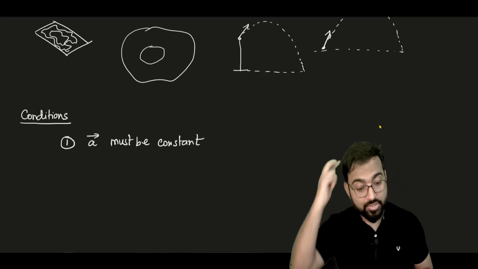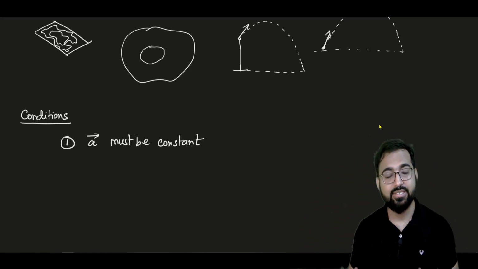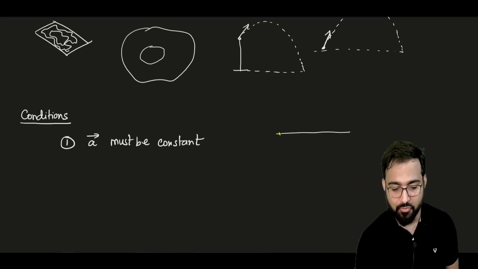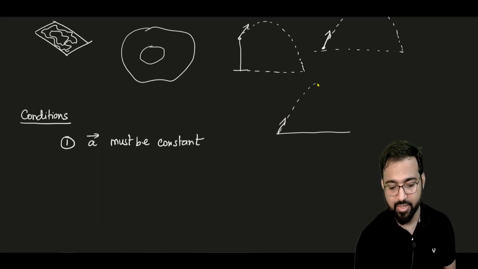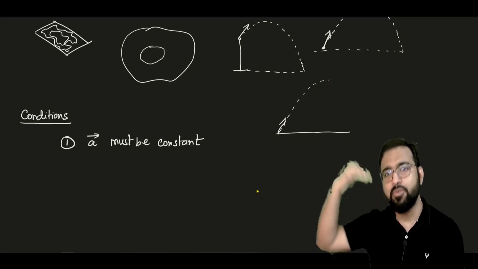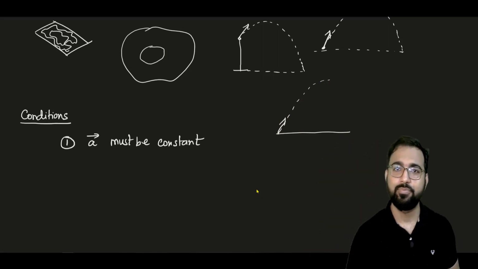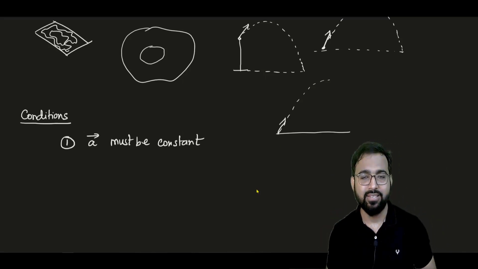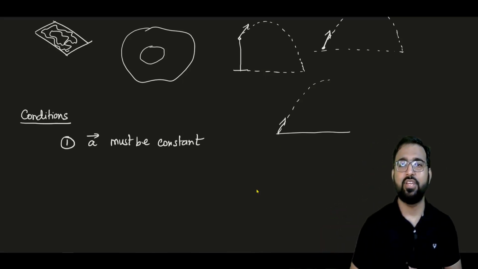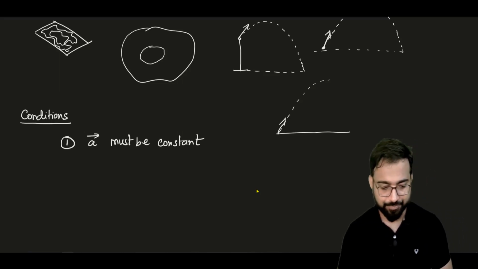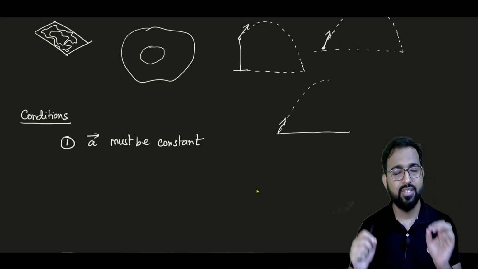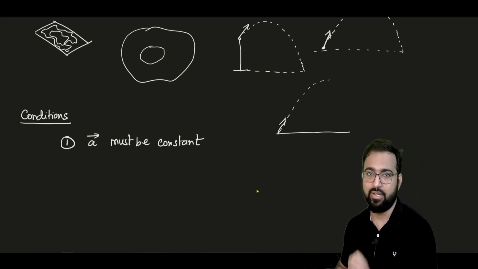So we should be careful while studying projectile motions, because if you throw a body far away from the surface of the earth, you may have gravity as a variable, because gravity reduces as you move away from the surface. So in projectile motions, we normally consider that the body is very close to the surface of the earth.